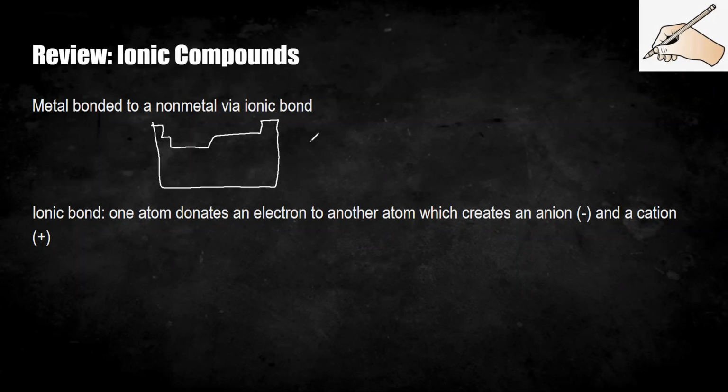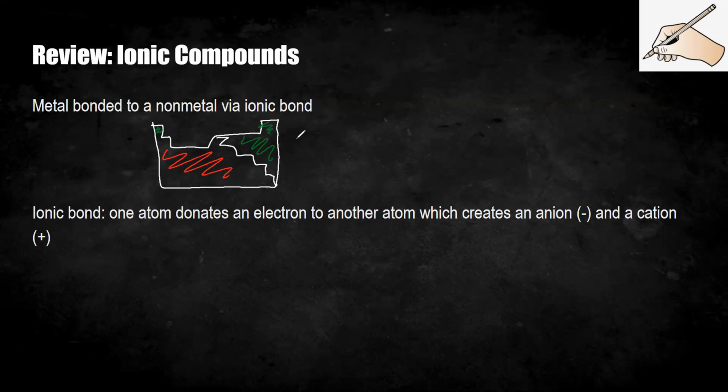We have our metalloids, which separate our metals from our non-metals. The metals are over here, and the non-metals are typically on this side, with the exception of hydrogen, which is a non-metal.